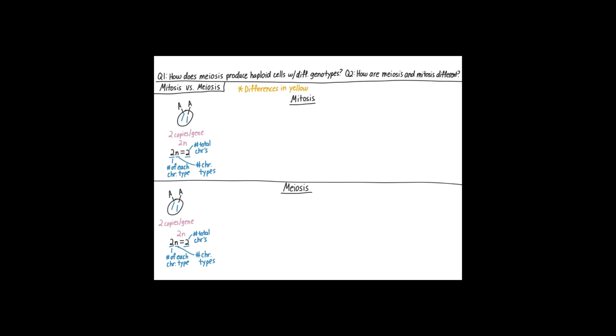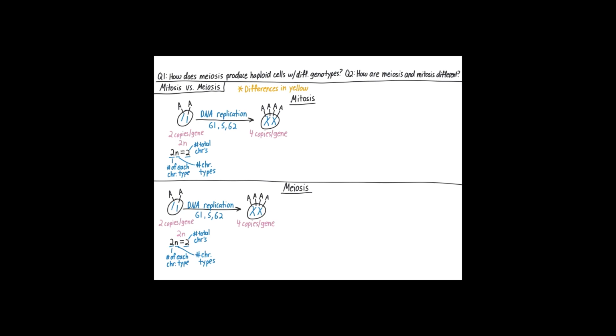Before a cell goes through either meiosis or mitosis, the cell goes through G1, S, and G2, and goes through the same checkpoints that we discussed previously. The chromosomes are replicated during S phase. So now the cells have 4 copies of each gene and twice the DNA molecules.